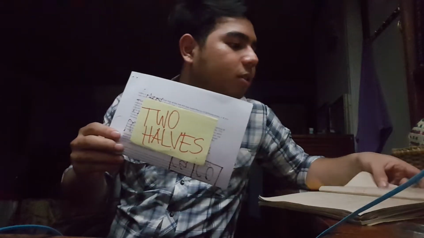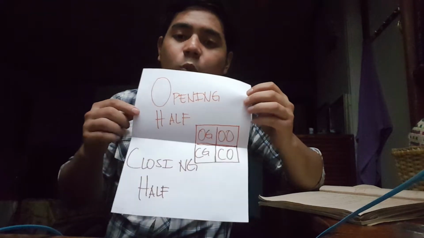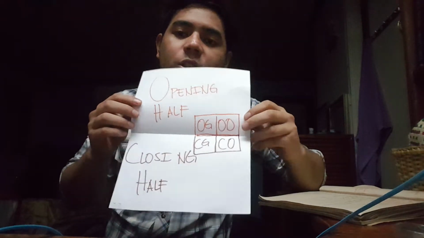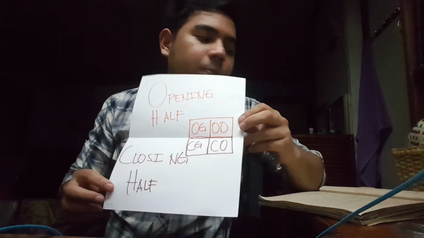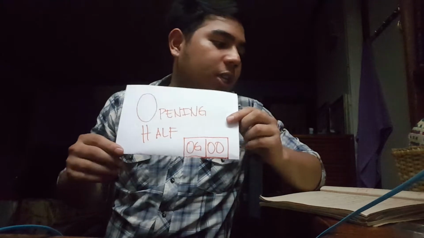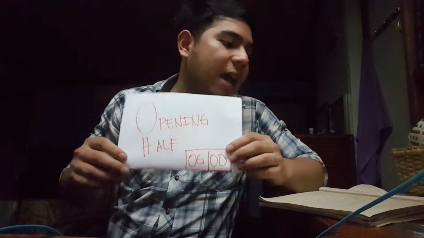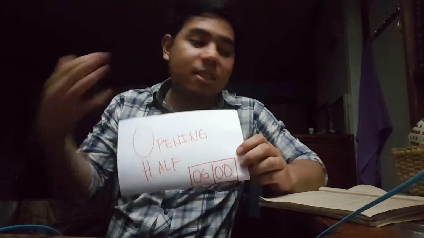There's the opening half, which is the opening government and opening opposition, and the closing half, CG and CO. So let's first focus on the opening half, OG and OO. If a team is in the opening half, I'd like to say that they have 3 goals.